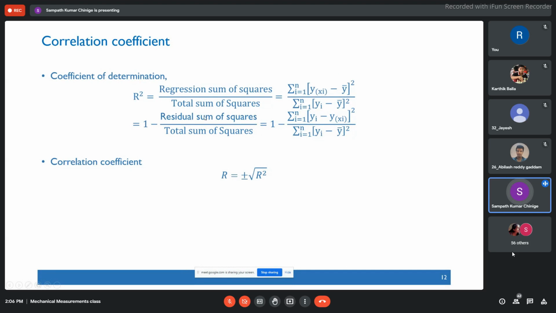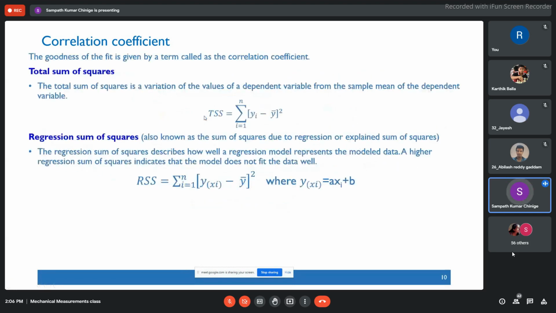What is total sum of squares? Total sum of squares is defined here. Okay, so this is total sum of squares, which is nothing but yi minus y bar whole square.